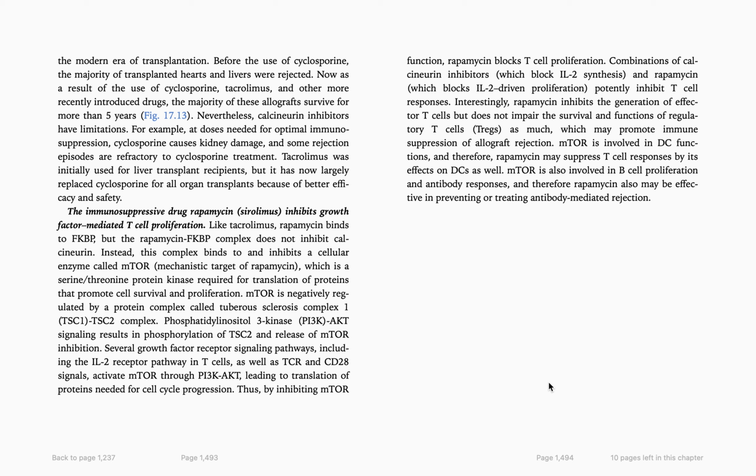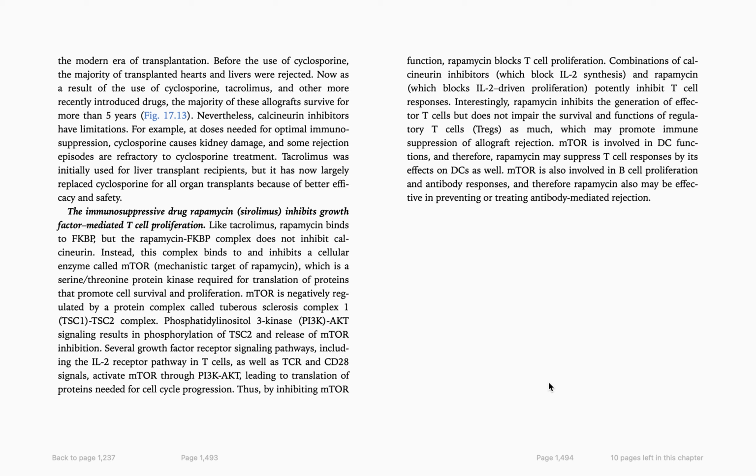Thus, by inhibiting mTOR function, rapamycin blocks T cell proliferation. A combination of a calcineurin inhibitor, which blocks interleukin-2 synthesis, and rapamycin, which blocks interleukin-2 driven proliferation, potently inhibits T cell responses.